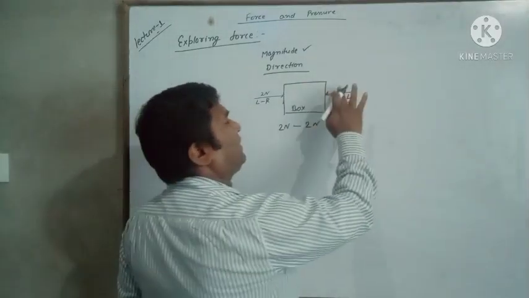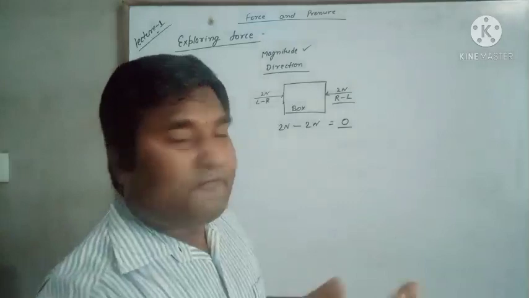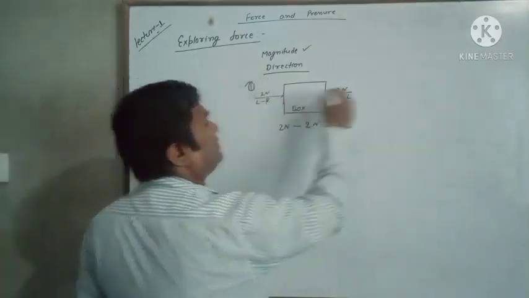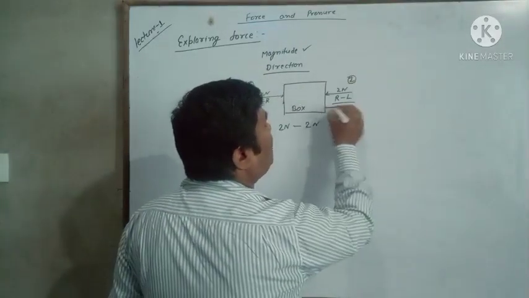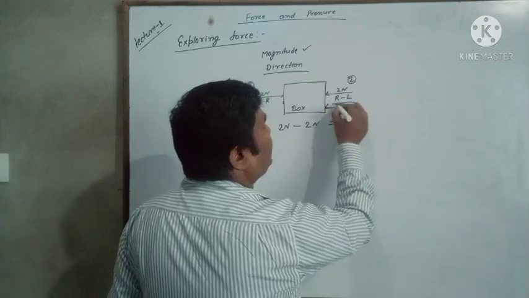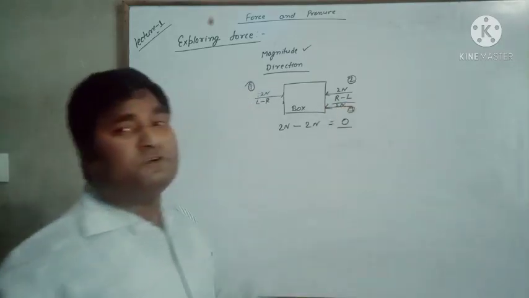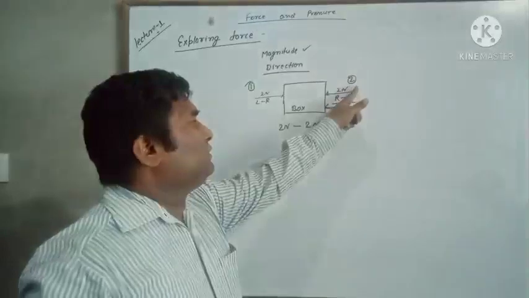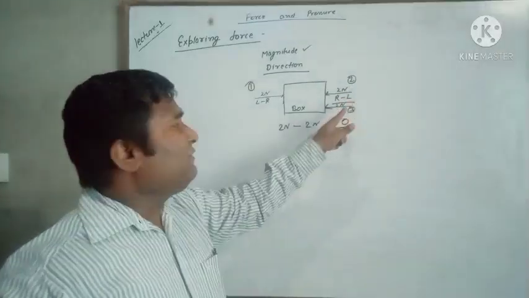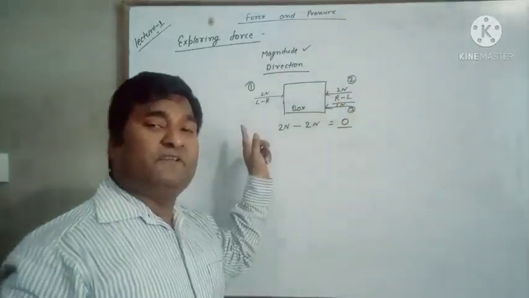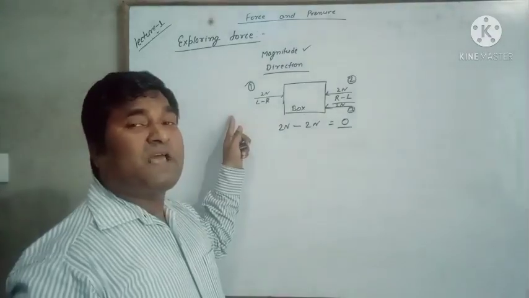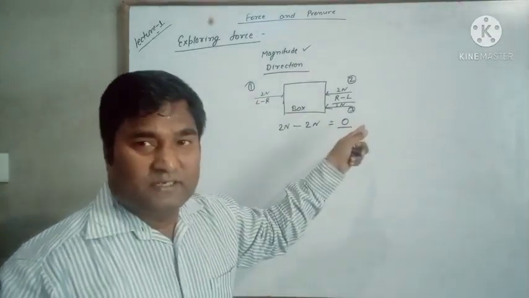Now for example, one more friend, the third, also came and helped your second friend. So now both of them are applying force from right to left and you alone are applying force from left to right.